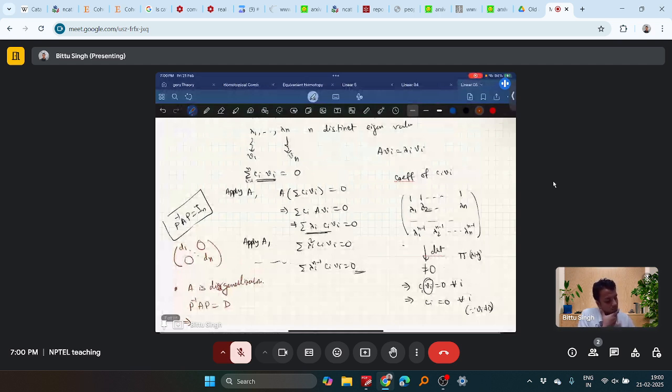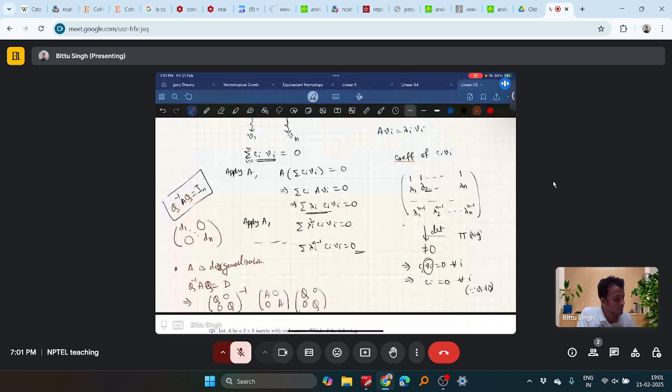Suppose Q is a matrix, then if we use a block diagonal matrix and multiply the inverse of the first block, it is Q inverse Q. So we get a diagonal matrix.